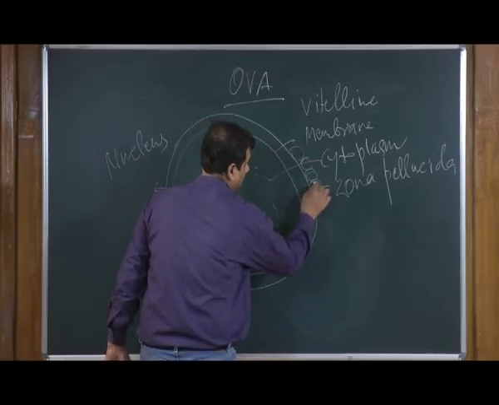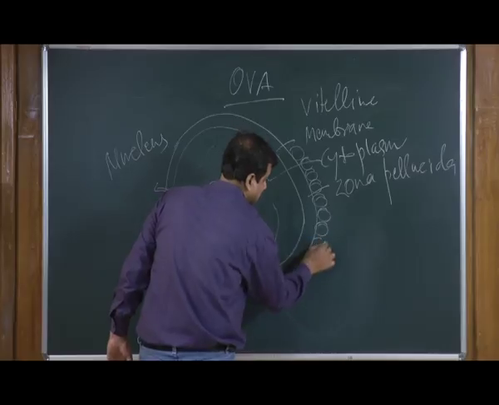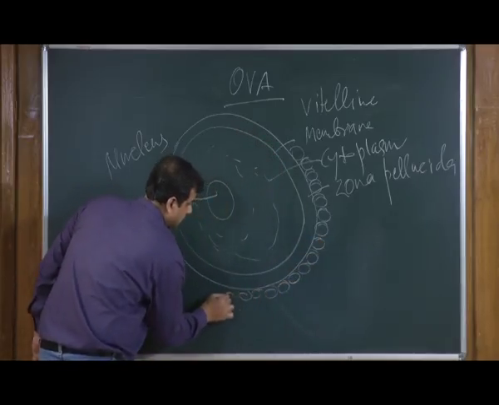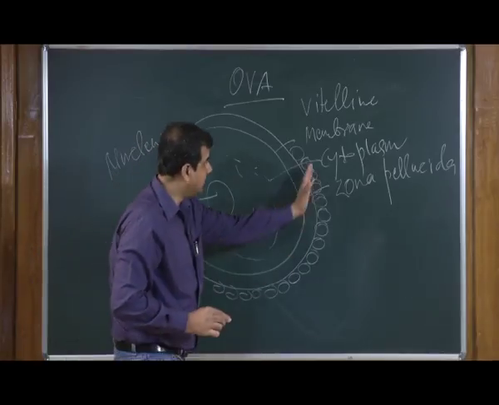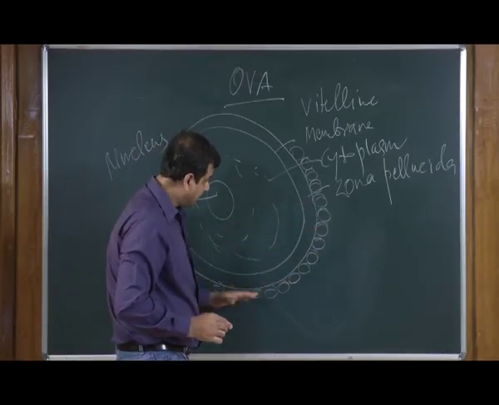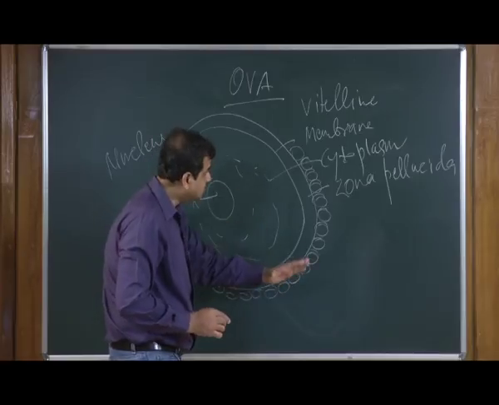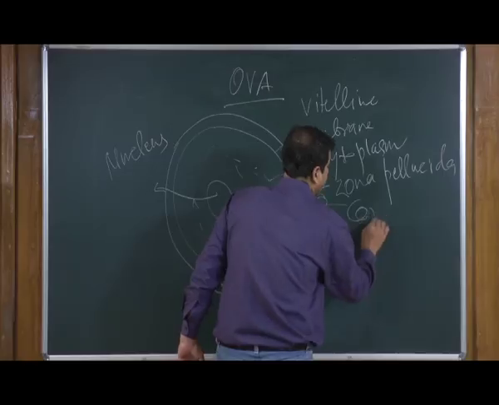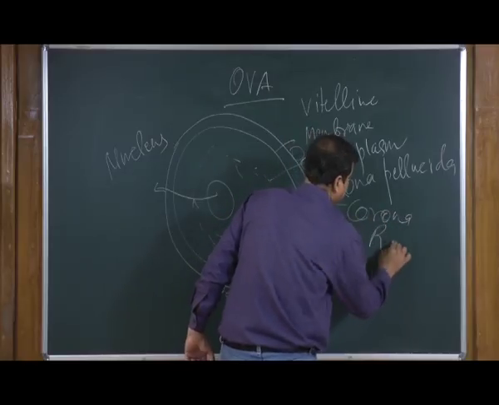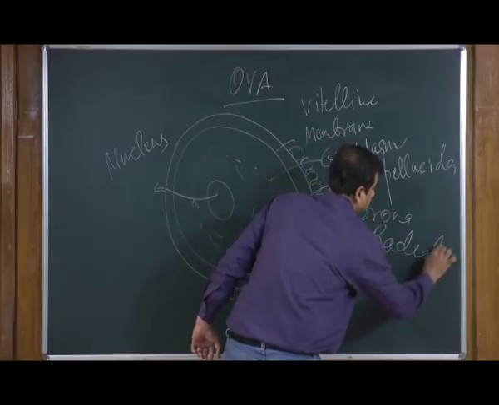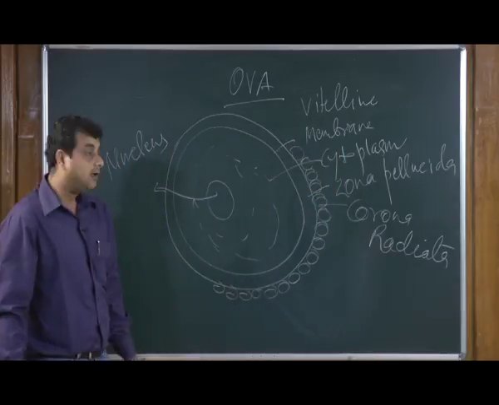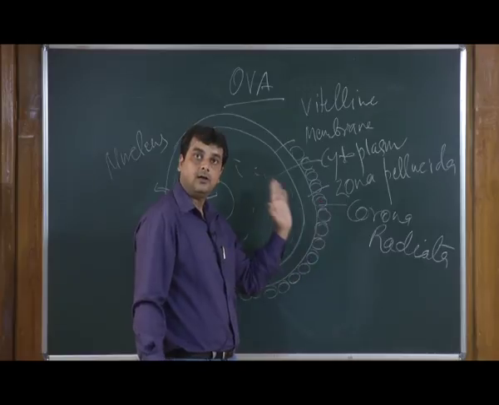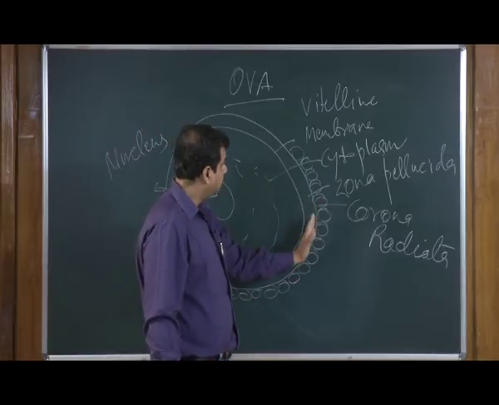I am not going to draw full cells outside, but we are just drawing here. These cells are lining the outside of the zona pellucida layer, and these cells are called corona radiata. Corona radiata is an outer covering of this ovum.